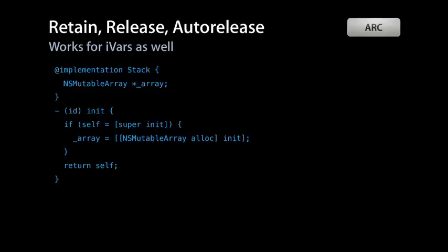So this is totally fine under Arc. Again, this looks really wrong if you're familiar with manual memory management, but it's actually correct with Arc. And you can even just use the convenience methods in this case. Under manual reference counting, this would crash, but with Arc, the compiler does the right thing.